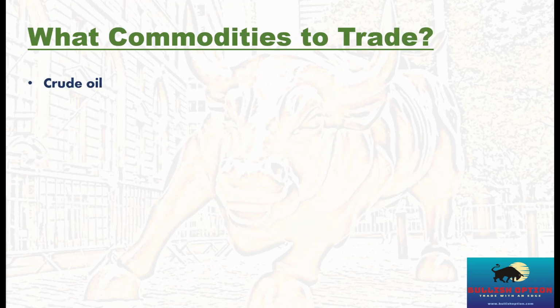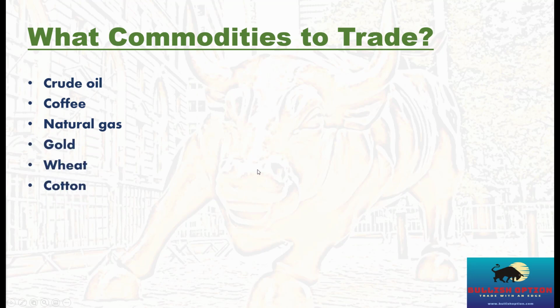What are the most common commodities which are traded in the market and which we will focus on? First is crude oil, coffee, natural gas, gold, wheat, cotton, corn, sugar, and silver. These are the most commonly traded commodities, and we will be focusing on these when we move forward.